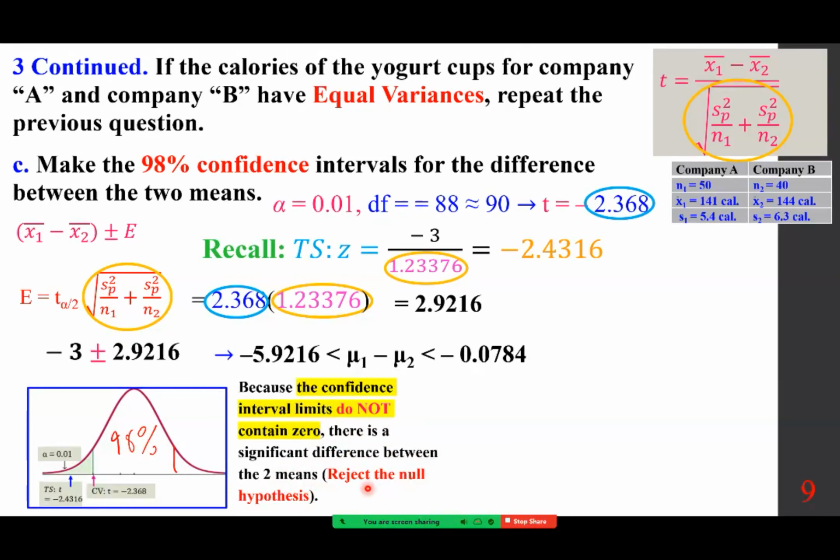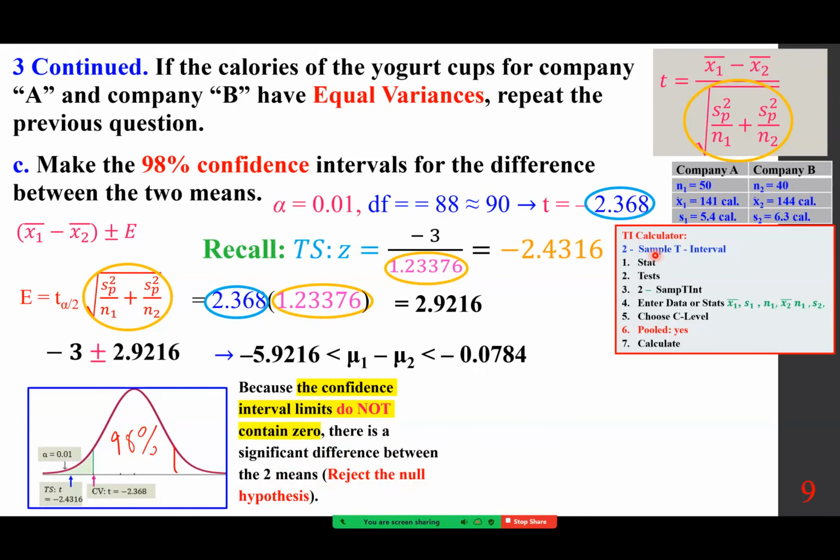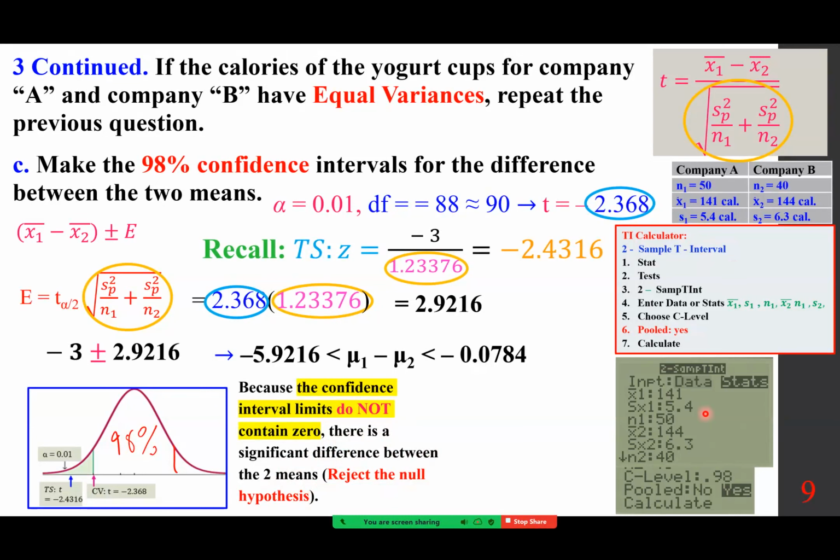Now, if we were to go with the technology, we're going to use the two sample t interval. We end up with the following: x1 bar, S1, N1, x2 bar, S2, N2, confidence level of 98%. Fold, yes. Look at the numbers. -5.923, well, very close.